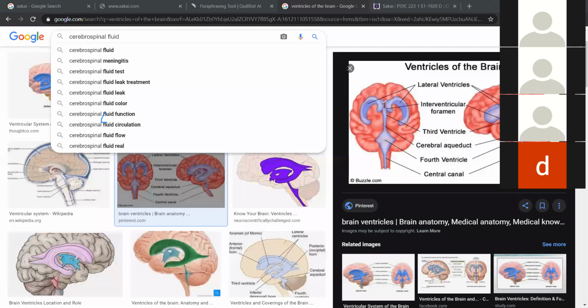The CSF circulates around the ventricles, which is within the brain, and it goes down to your spinal cord. That's the essence. And the function of the CSF is that first, it nourishes the brain, and it also cushions or protects the brain from shocks.